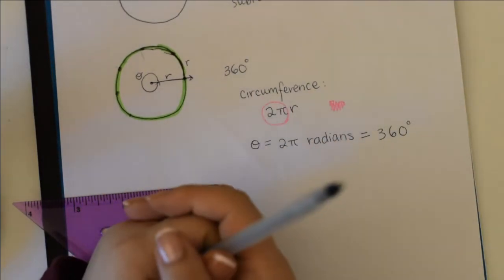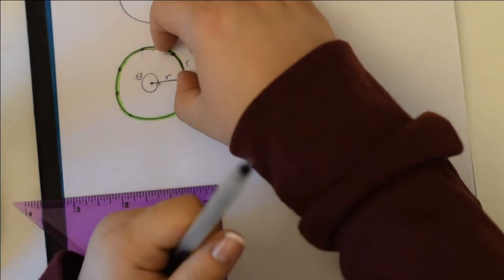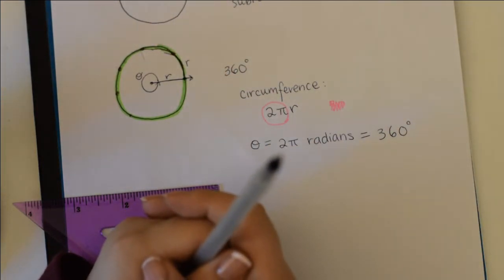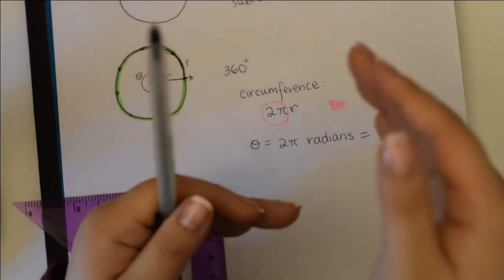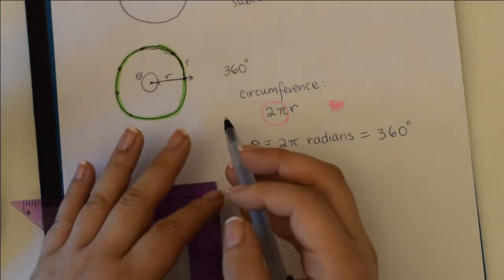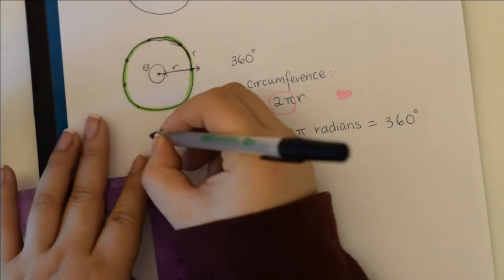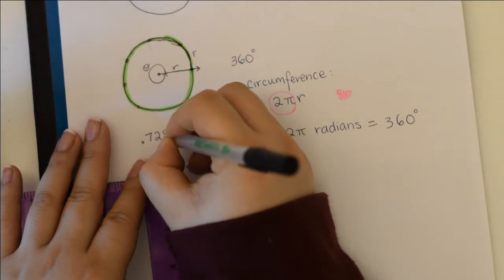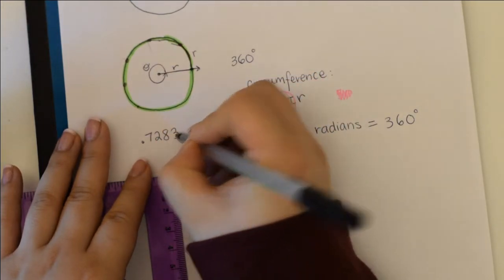So, as you might imagine, since we're working with arc lengths, we're often working with multiples of pi, or we want something to do with pi. If you have some sort of number, like 0.728 or whatever, right?